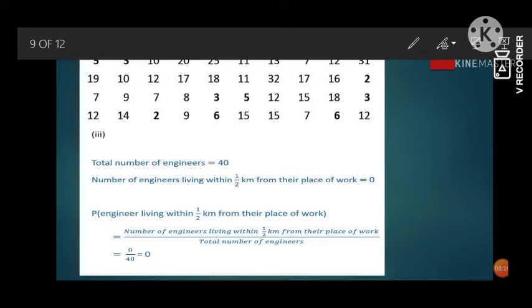Now the last subpart said that we have to find engineers who live within half a kilometer. Half a kilometer means 0.5 kilometer. But here in our data, we do not find any decimal kilometer numbers. So there is no such event occurring. The total number of engineers is 40.